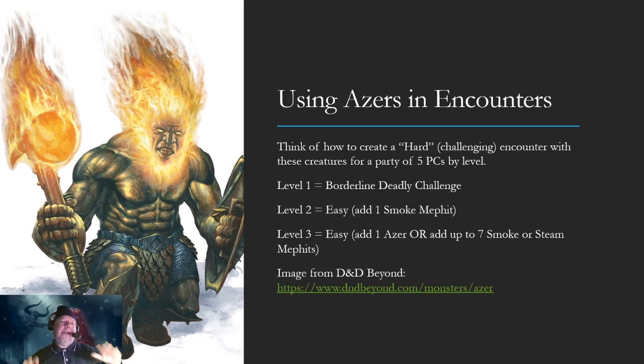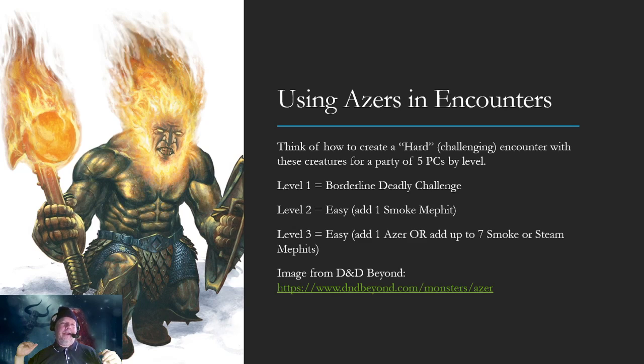So as a DM, you want to put Azers in your campaign and you want to figure out how to create a hard or challenging encounter with these creatures for a party of 5 PCs by level. I try to think of one of these creatures being a hard encounter for a party. Where would that put them? Obviously, if you have higher level adventurers, you're going to need to throw more of these guys in there.